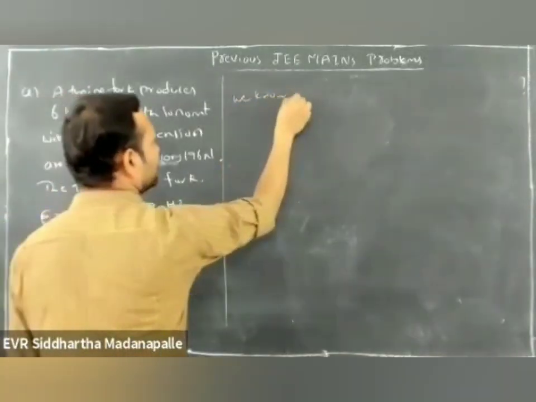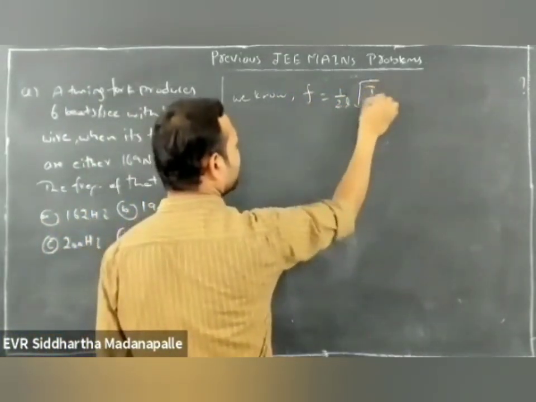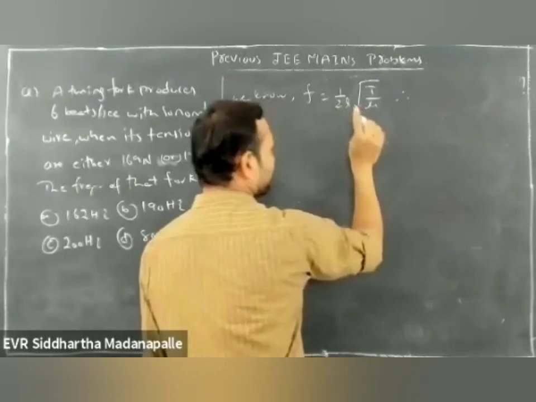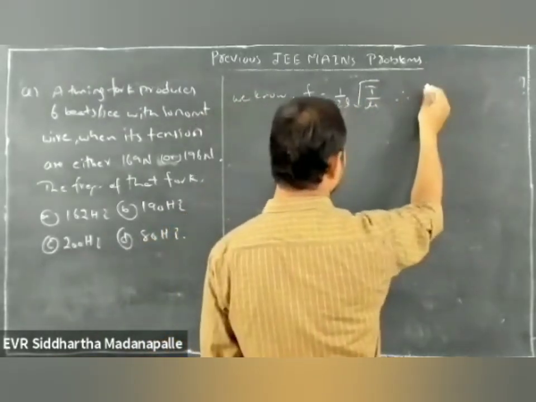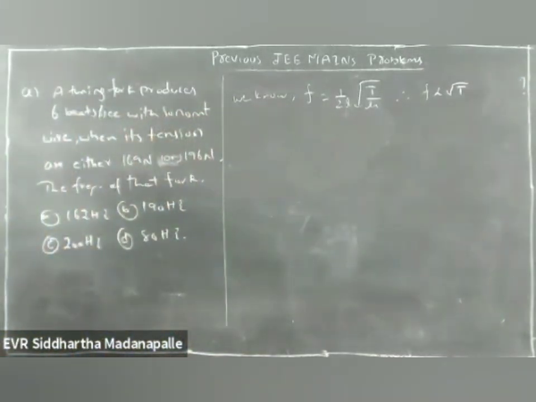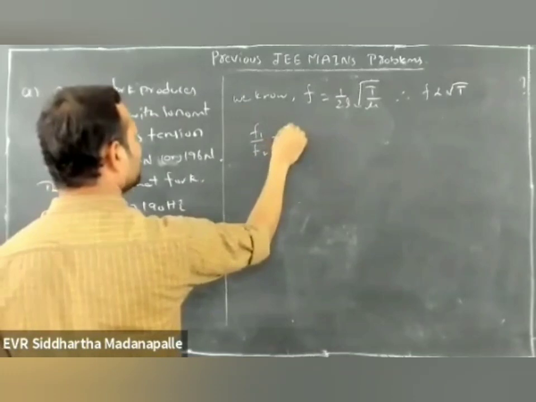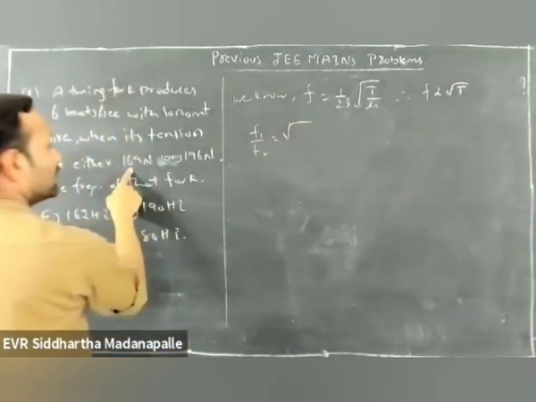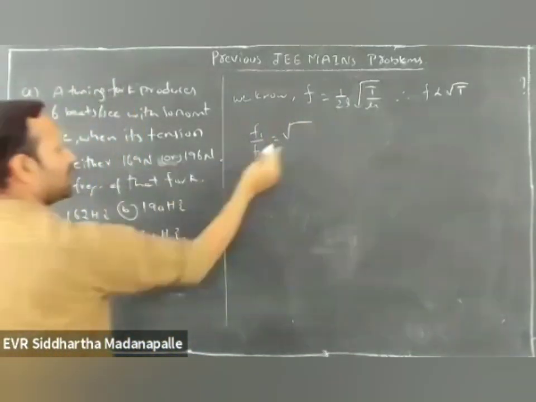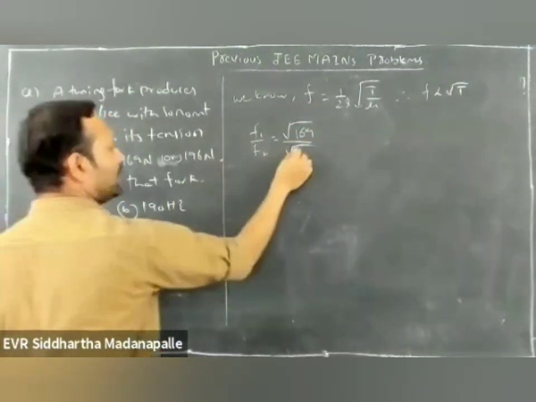We know that frequency is equal to 1 by 2L root of T by mu. So here L is constant, mu is constant. So frequency is directly proportional to root T. So F1 by F2 is equal to root of T1 value 169 by root of T2 value 196.